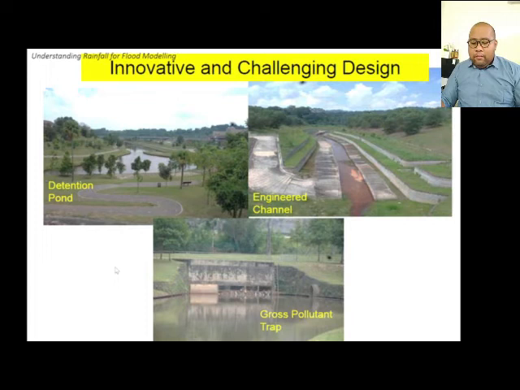For example, detention pond, so you have the channel or drainage, and then you have a gross pollutant trap. Gross pollutant trap, this one is for the environment, because you need to bear in your mind, if you want to control the flow, you do not only control the quantity of the flow in terms of the peak discharge, you also need to control the quality of the water in terms of the pollutant.